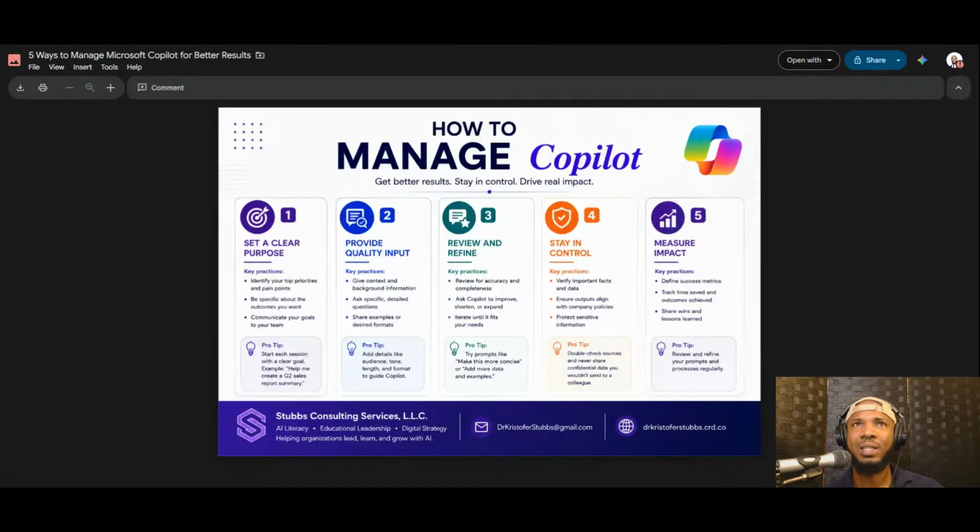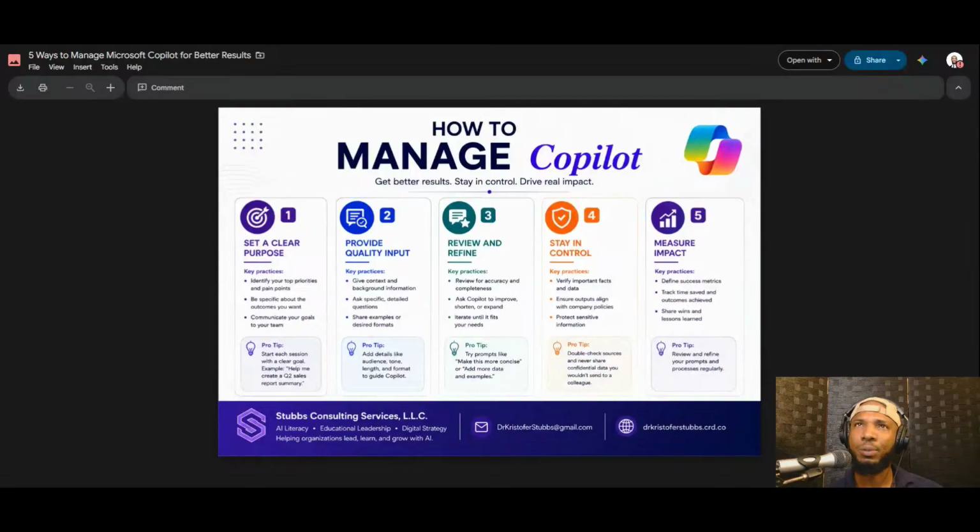What this does is it helps you understand, and helps the AI understand, what exactly you're looking to get done. And that is the key. What is the goal that you would like the AI to achieve, and communicating your goals overall to your team. So it's very important that you make sure a clear purpose is set.